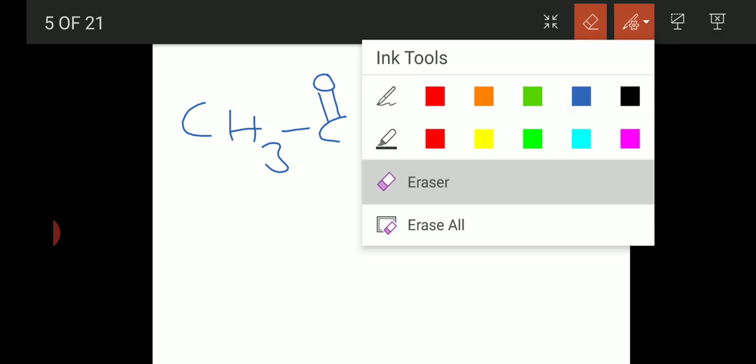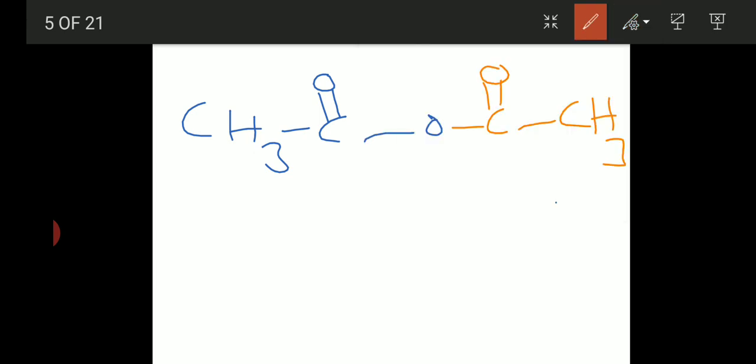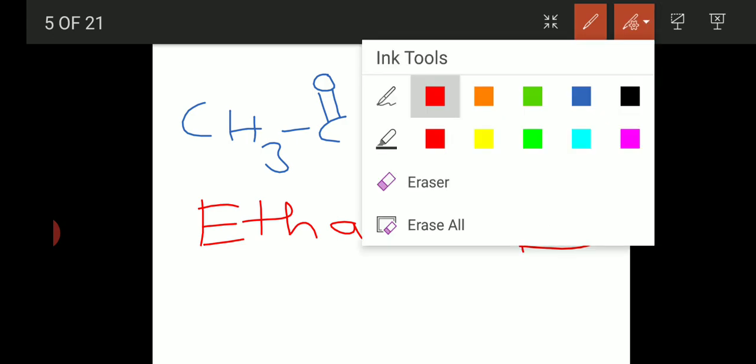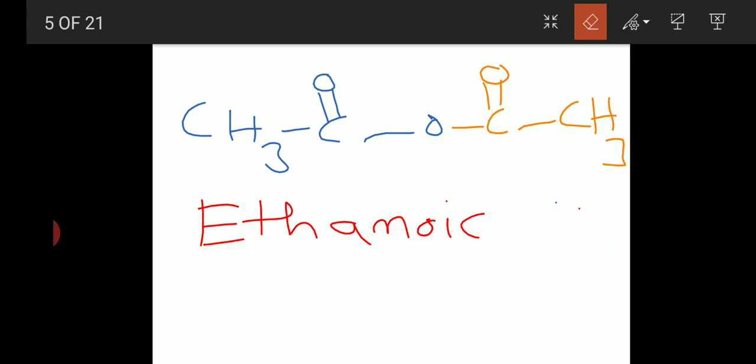To name it, what do we have to do? From its parent name, ethanoic acid, in place of acid, what is there in the rule? In place of acid, write anhydride. Its parent acid was ethanoic acid.